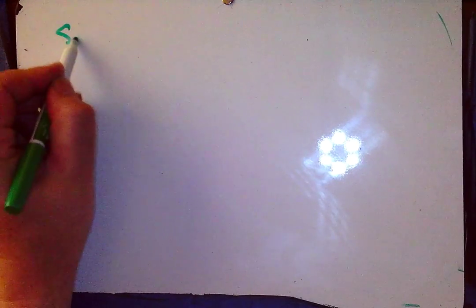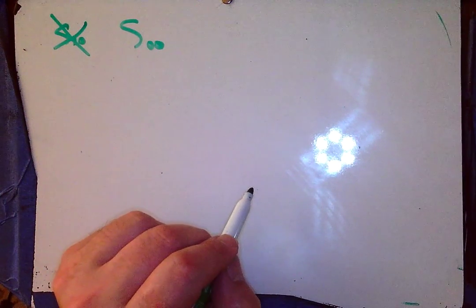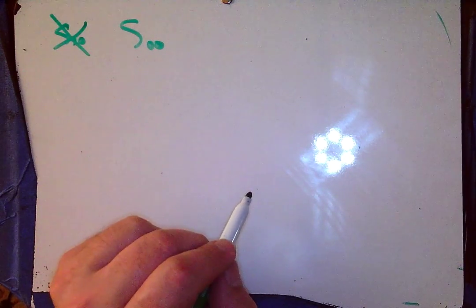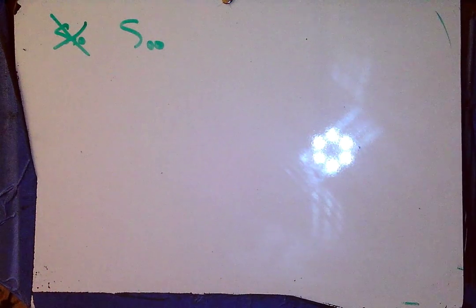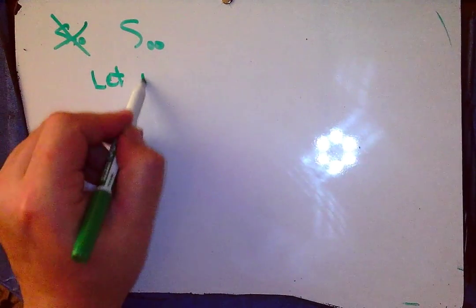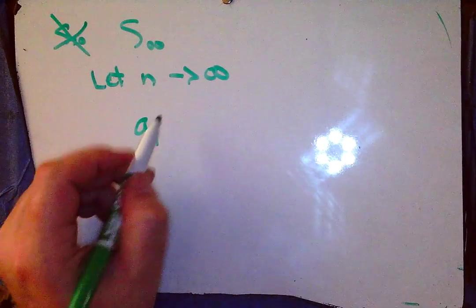So what about not s sub 10, but s sub infinity? What if we let this sequence run on forever and we added up all the terms? Well, it turns out that if we let n head to infinity, let's take a look at what happens to our formula.